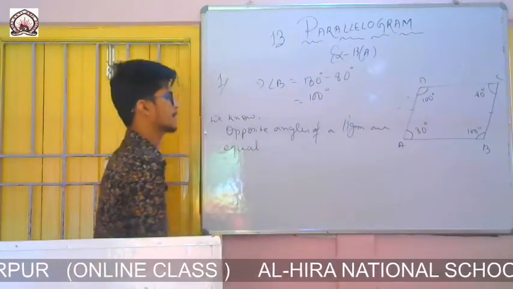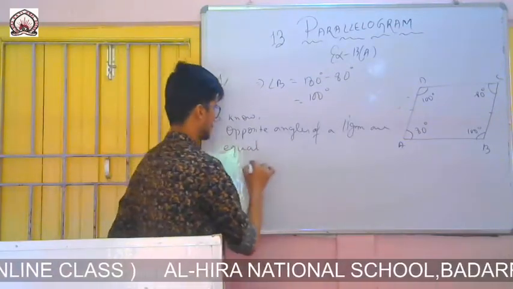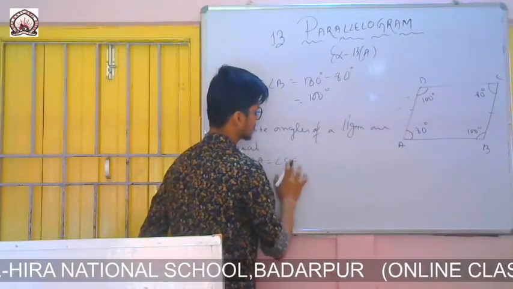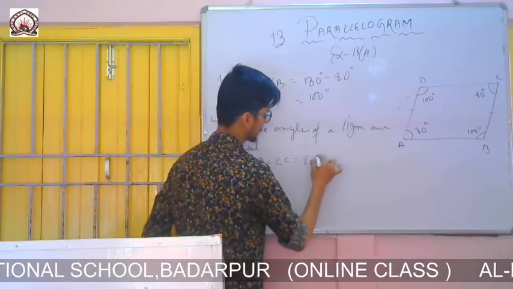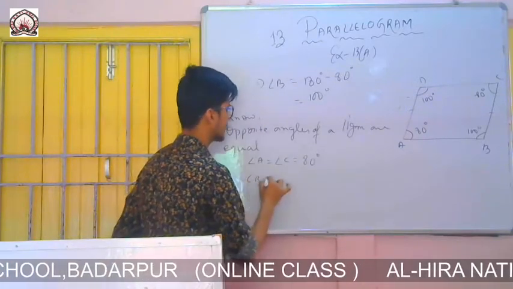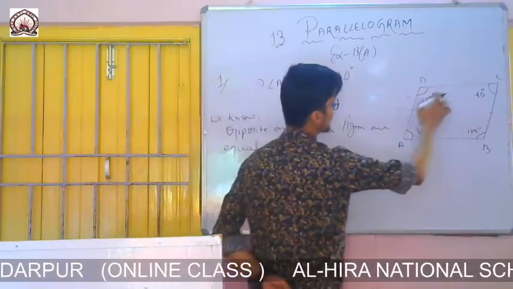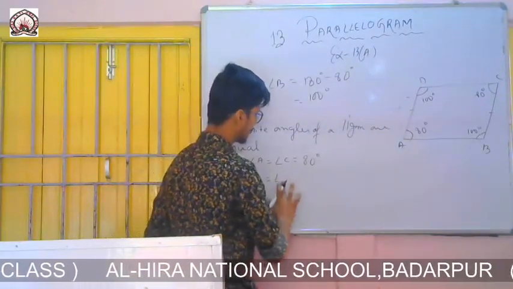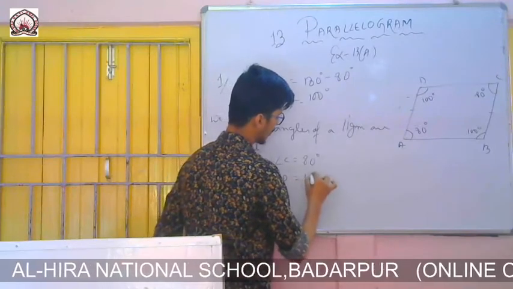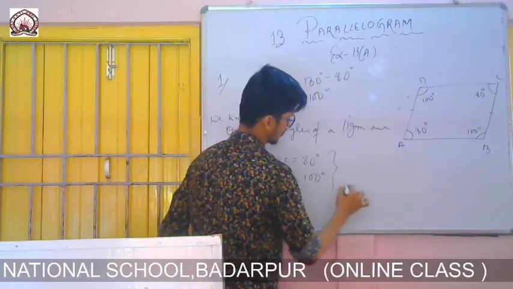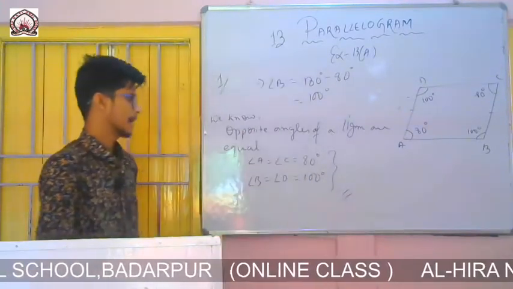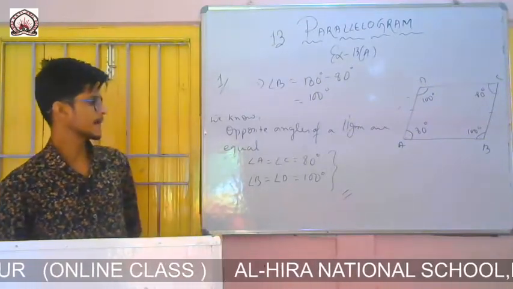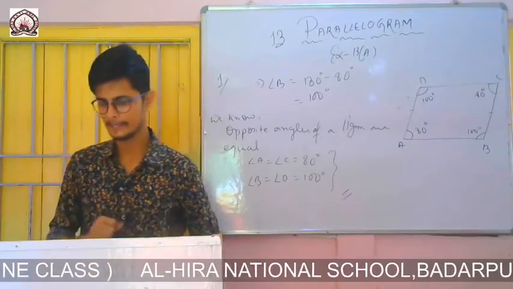Then angle A will be equal to angle C, which is equal to 80 degrees. Angle B will be equal to angle D, both of them are opposite. Angle B equals angle D, which is equal to 100 degrees. So this is our answer.